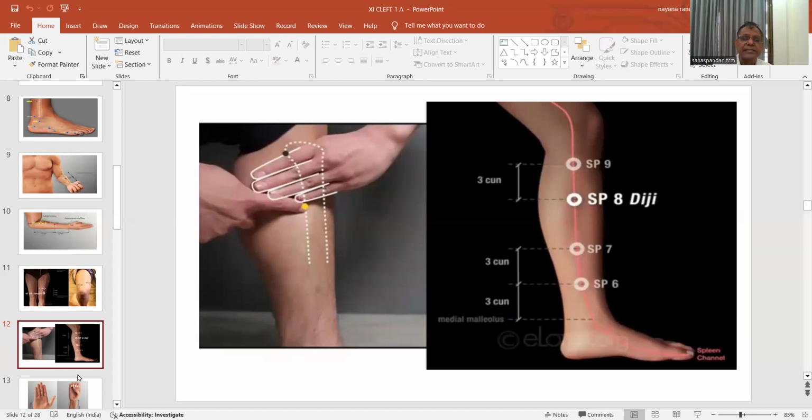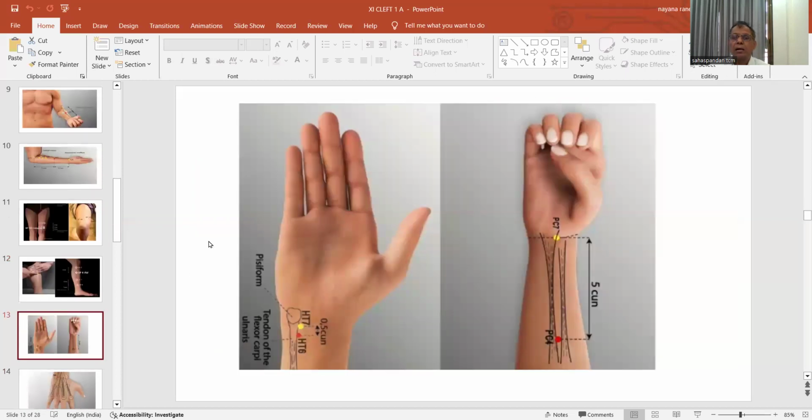Then heart 6. Okay, this is heart 6. Sorry, not heart 6, small intestine 6.